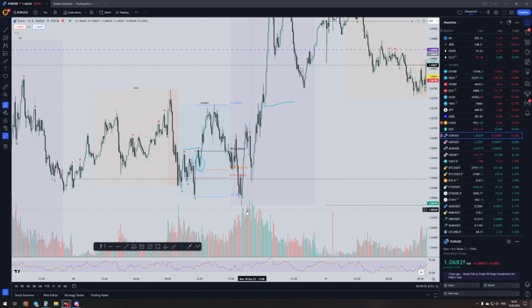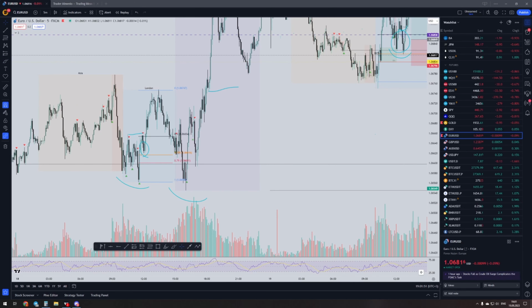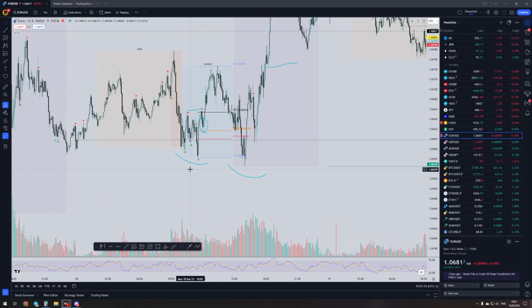Previous day. This was a bit tricky because we had 2 liquidity grabs right here, in the London session and the New York session. We had two manipulations on the London session.